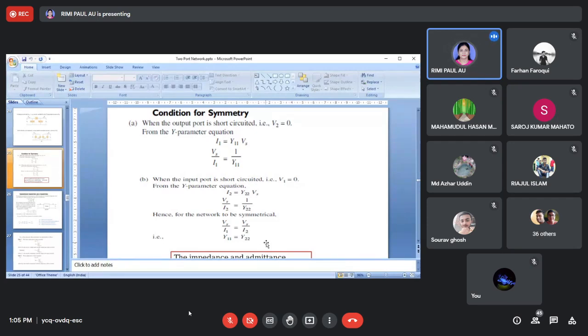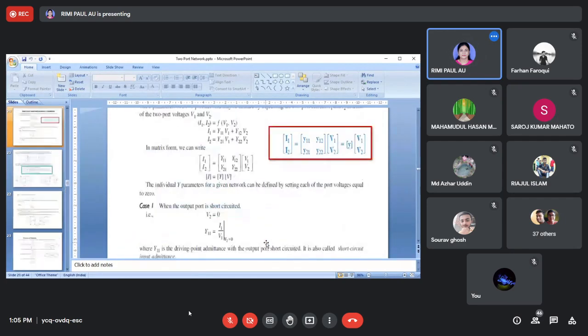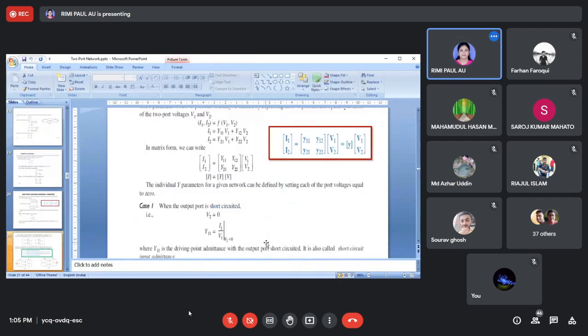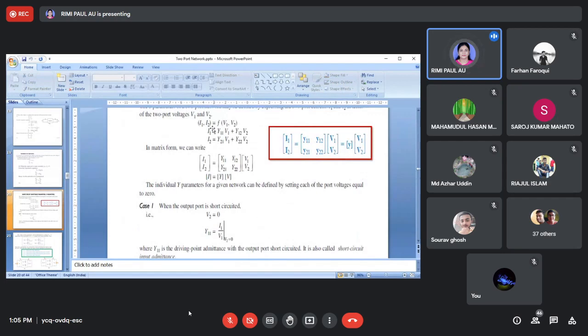You will take these main equations every time, and you will solve for the condition for symmetrical and reciprocal. When it will be symmetrical, when it will be reciprocal.